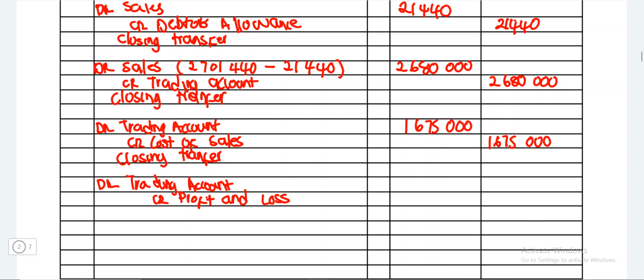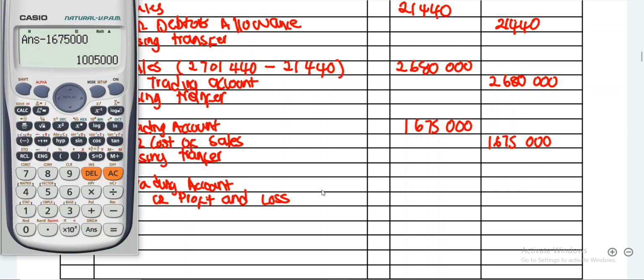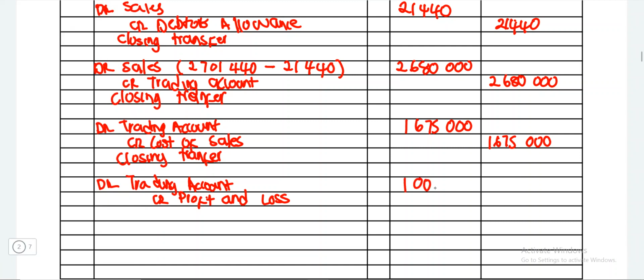We check our amount. Remember we said it's 1,005,000, so that 1,005,000 will come here. Then from there we explain that this is a closing transfer, and then you are done with the transferring of that profit.